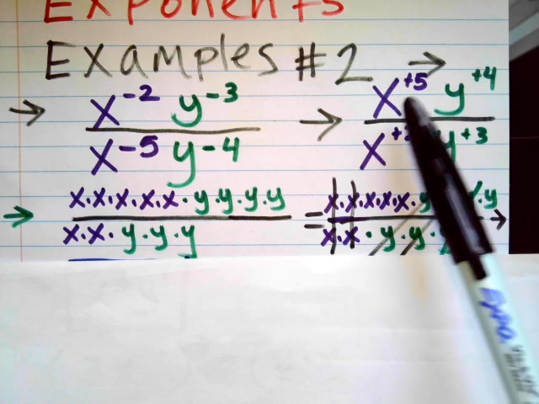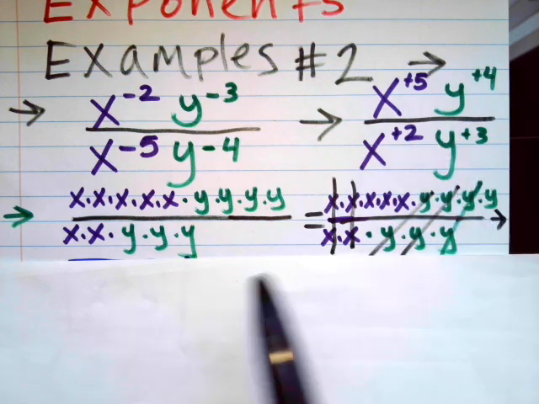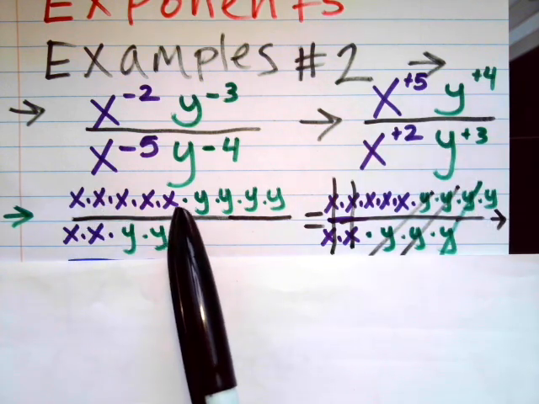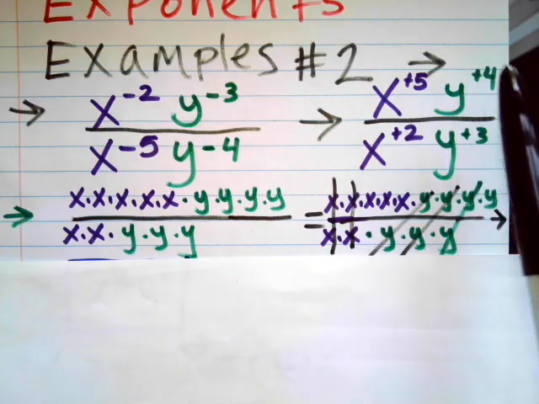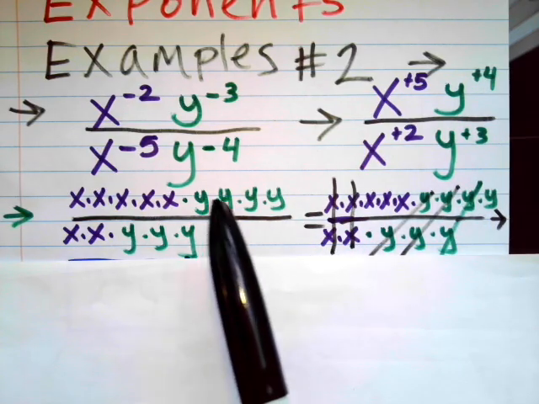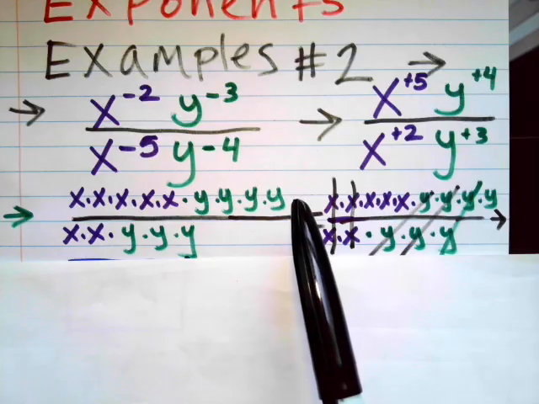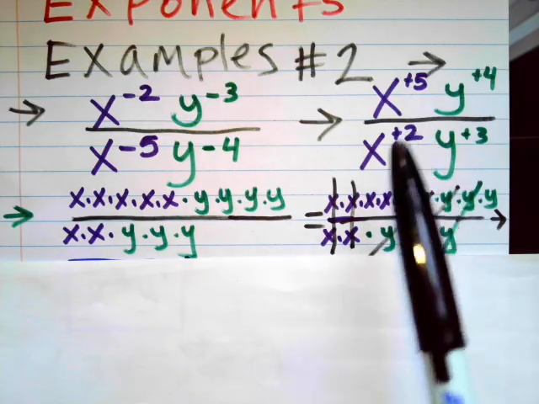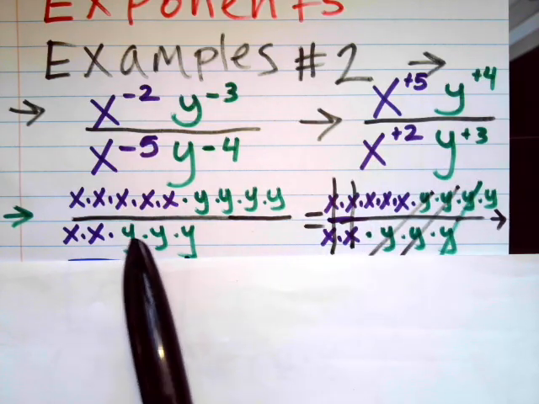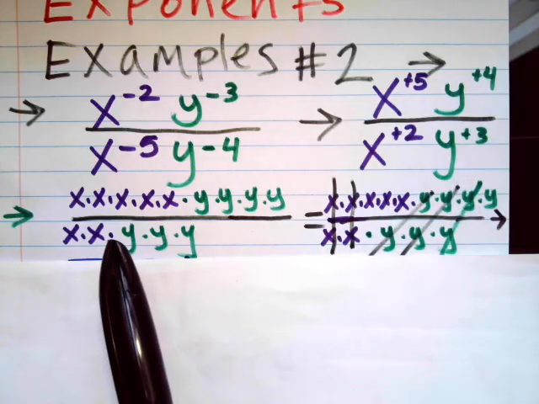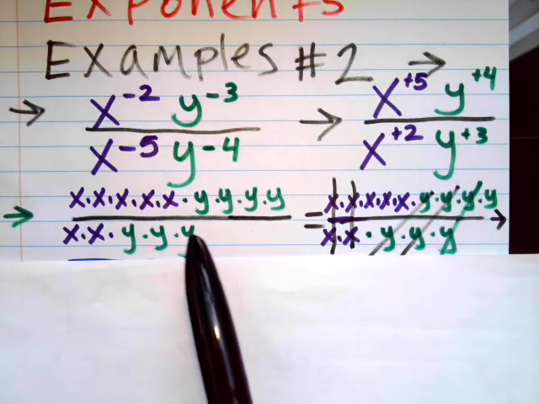So what does that mean? That means x to the 5th power is x times itself 5 times, times y to the 4th power, which means y times y 4 times. X to the 2nd power means x times x, and y to the 3rd power is y times y times y.